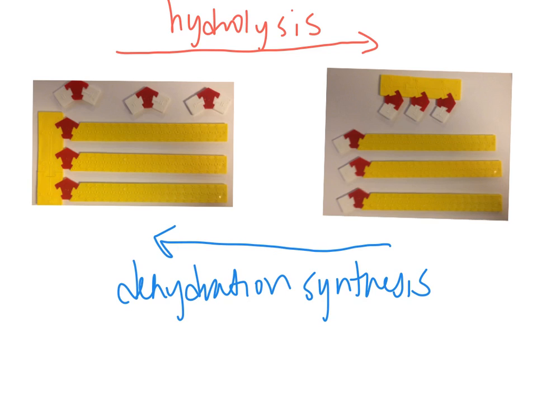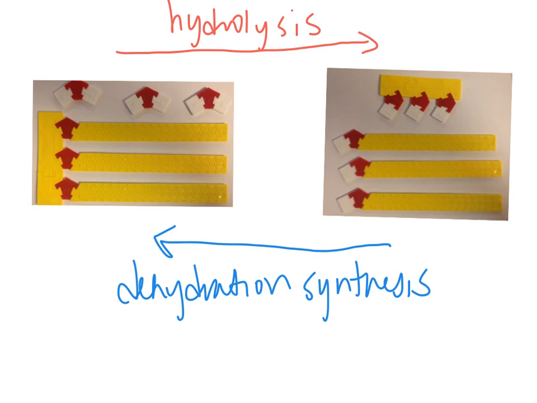Okay, hydrolysis, when you look at the word, hydro means water. So this time we are adding water. Lysis means to break apart. So we add water to break apart. So we go from our completed molecule, we add the water back in, and we break apart this molecule. That's called hydrolysis.